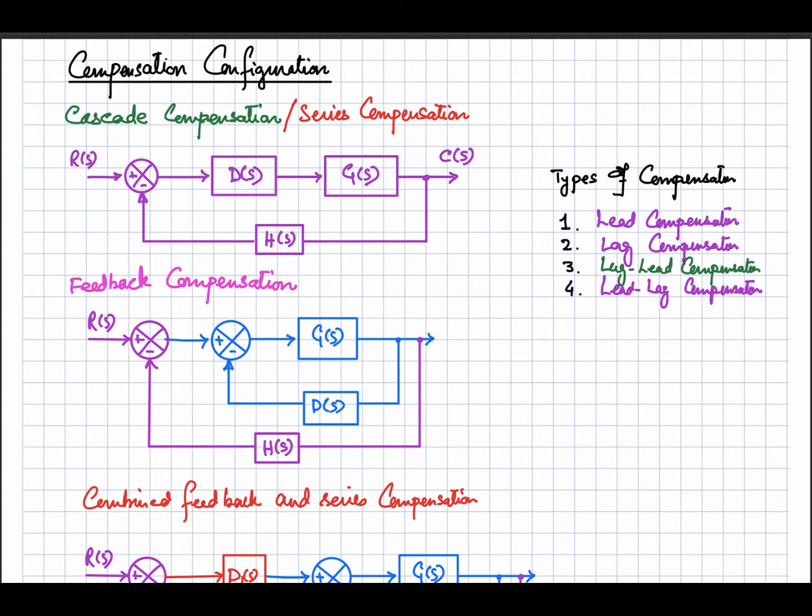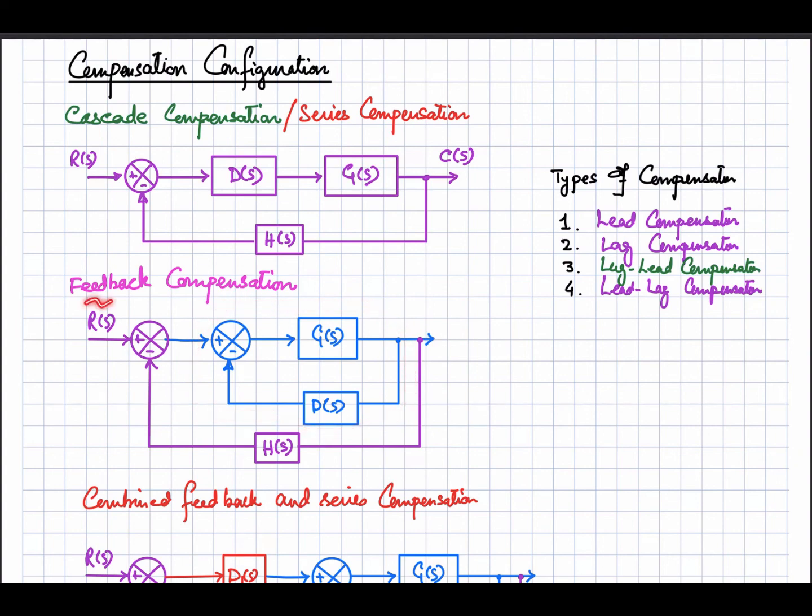The other configuration that is used for the compensation is this one. In this you can see that this is your system and you are going to introduce the compensator in the feedback path. So there is the negative feedback with this system so that you are changing the position of poles and zeros and you are bringing them to the desired location to get the desired response.